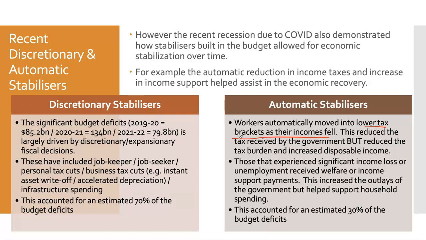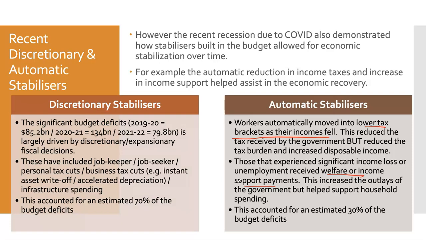They actually reduced the tax received by the government, but reduced the tax burden on people, increasing disposable income, increasing activity because of it. Those that experienced significant income loss or were unemployed received significant welfare or support payments. This accounts for about 30% of the budget deficit.